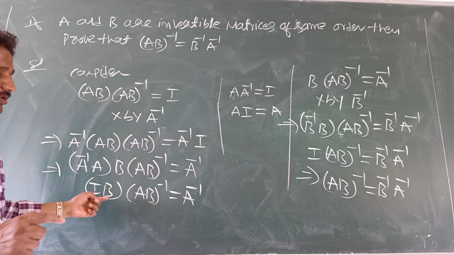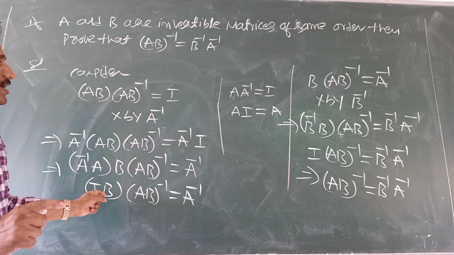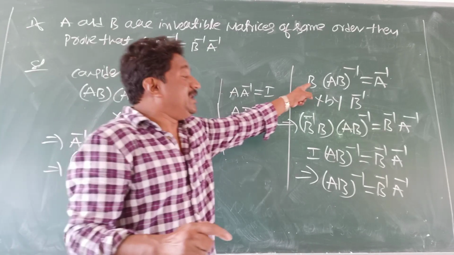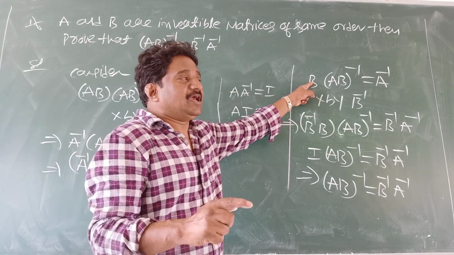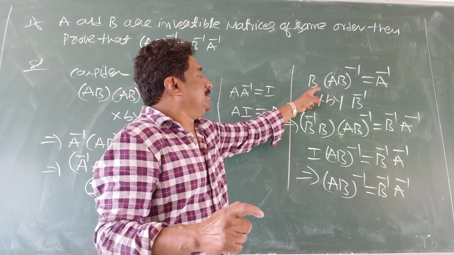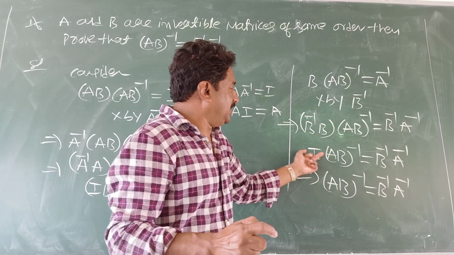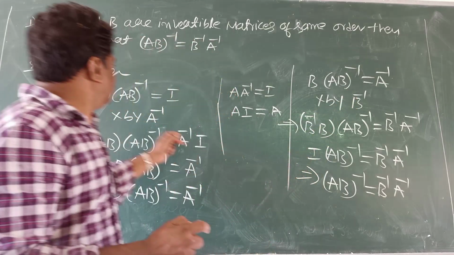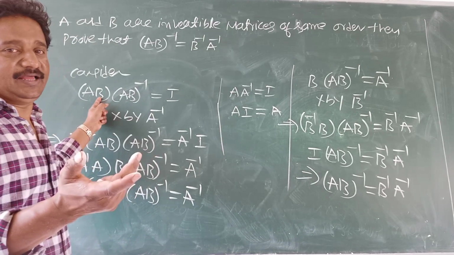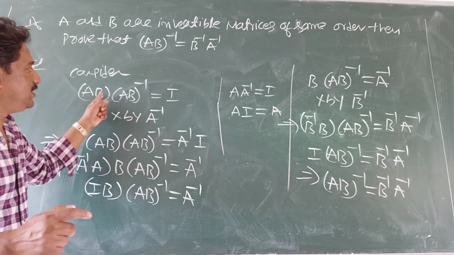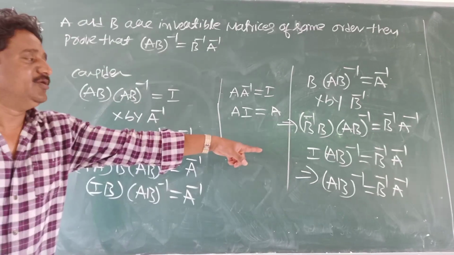Again, B can be removed by multiplying by B inverse. So if both A and B get eliminated, we will get the answer.